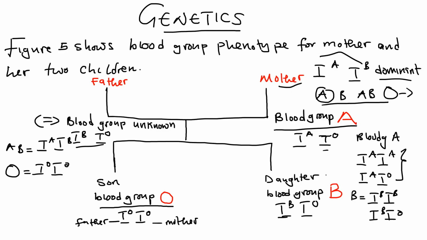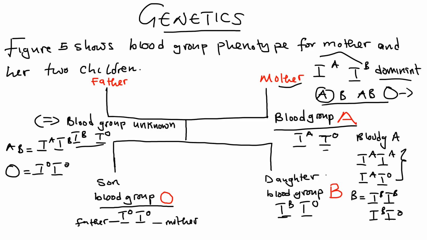So this is the genotype for the daughter. Have we been asked for the genotype of the daughter? No. We want the genotype of the parents. From the children, we are able to go back and tell the genotype of the father and also the mother. Take note that for the blood group, one allele comes from the mother and one comes from the father, so you can only contribute what you have yourself.